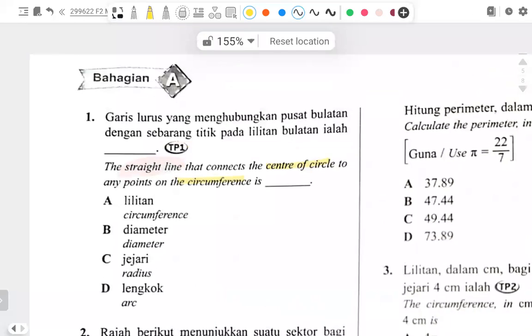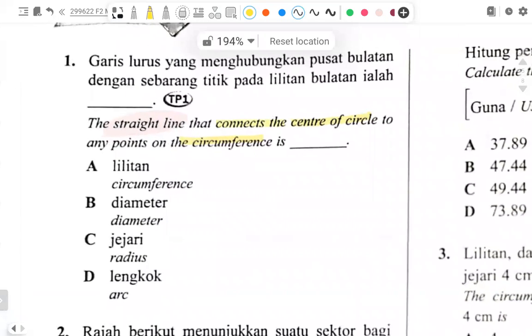This one, see again: connects, not passing through, means from the center and then touching the circumference only. Connects means from the center to the circumference. If it's diameter, then you will see the words passing through the center. That's the difference.